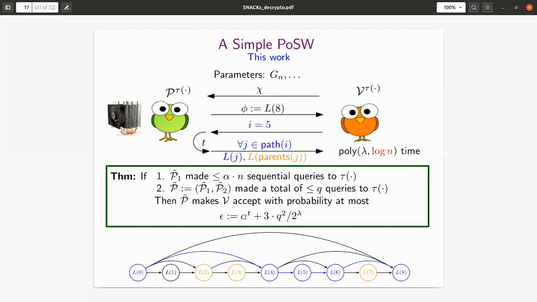And if alpha is constant and you choose t appropriately, you can make this probability negligible.